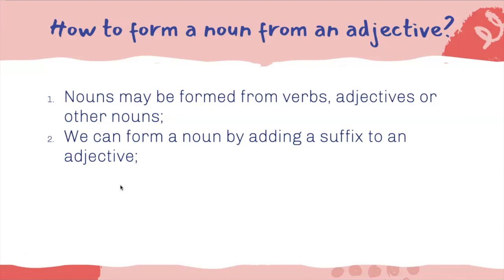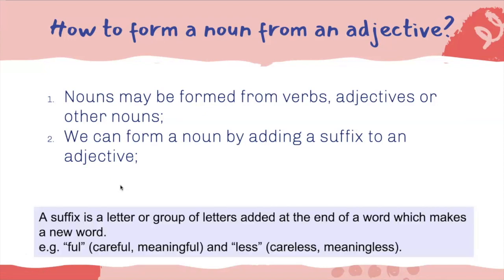So what is a suffix? A suffix is a letter or a group of letters added to the end of a word which makes a new word, like ful. We can add ful at the end of a word like care to form a new word careful. Meaningful.